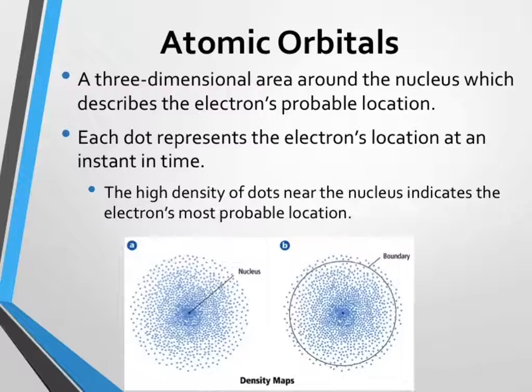Where does the electron want to be? He wants to be by the nucleus. So all that dark area is the most probable location where the electron is going to be, and that is really close to the nucleus. Now there's a boundary. The electron just can't go wherever it wants to go. There's a certain amount of how far away it can get from the nucleus.